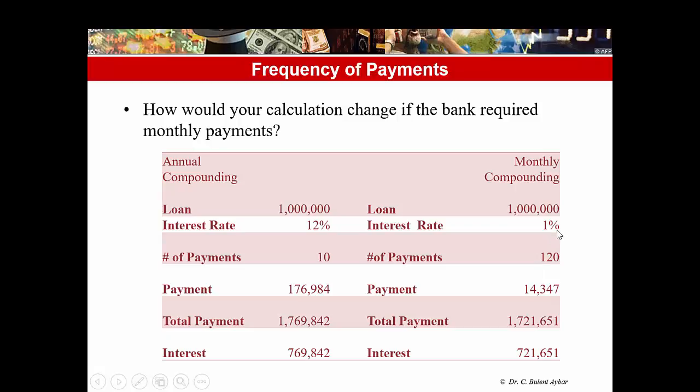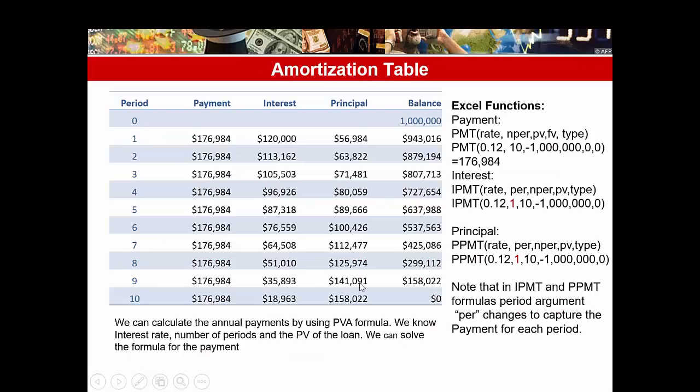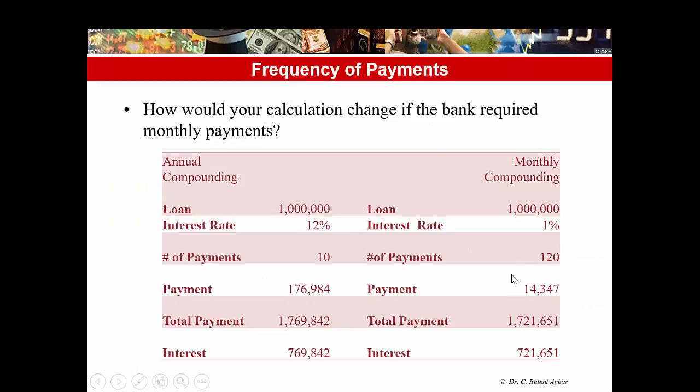So in the functions that we utilized before, for instance, in the payment function that we have shown in the previous slide, if we enter 1%, and instead of number of periods that we use 10, if we enter 120 and keep the other arguments the same, we will find out that the monthly payments would be $14,347.